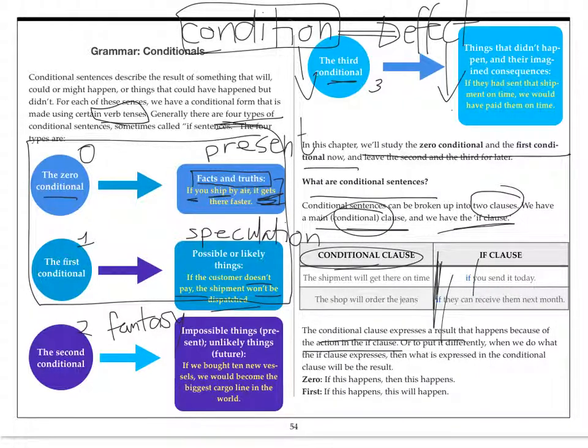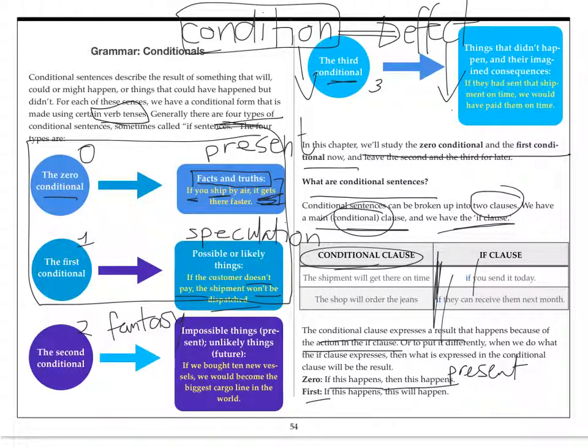So for the zero conditional, if this happens, then this happens. For the first conditional, if this happens, then this will happen. Notice here that in both clauses, we are using the present tense.